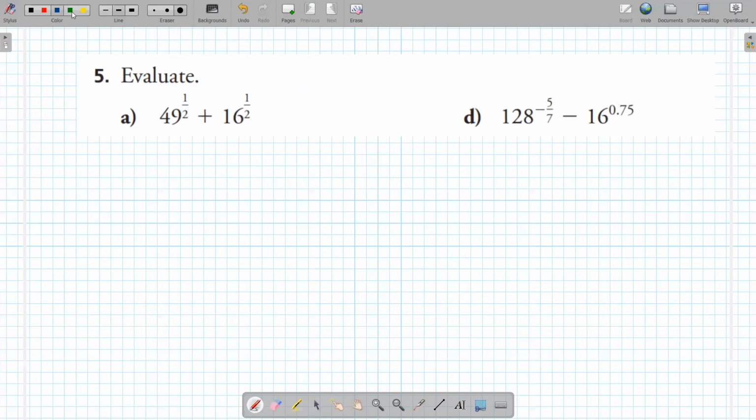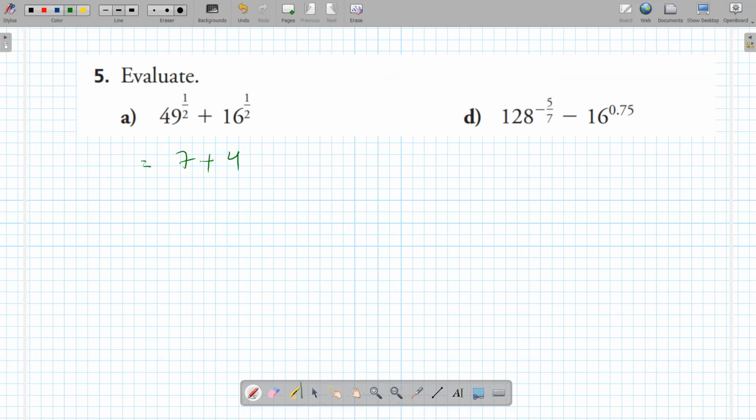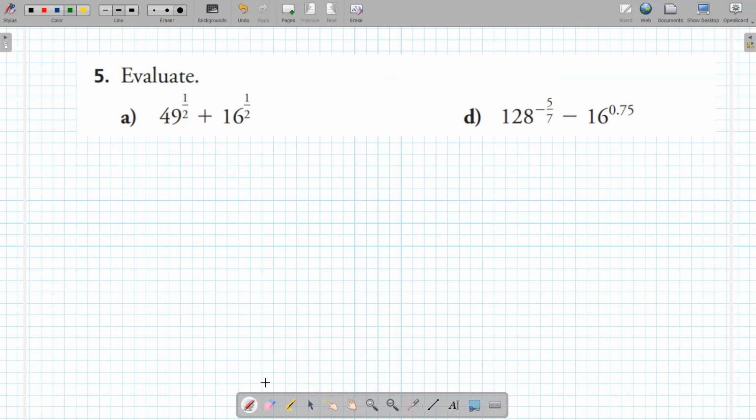For example, if we're looking at these guys, this is a 2-step answer for the first one. What's 49 to the power of 1 over 2? 7. What about 16 to the power of 1 over 2? 4. 4, right? That's it. So you see, the answer is 13, 1 and done. D is the same. It looks a little bit difficult, but how much more difficult could it possibly be?